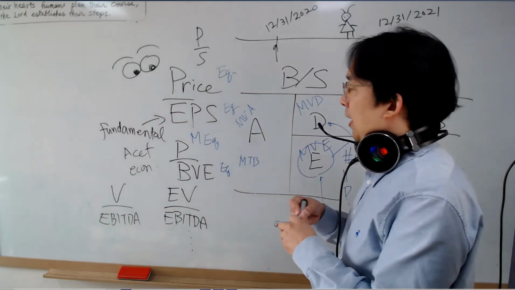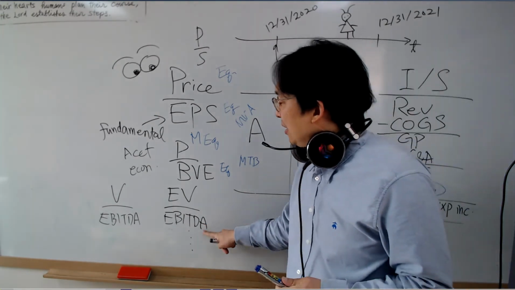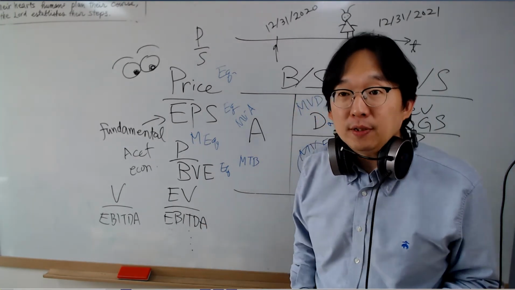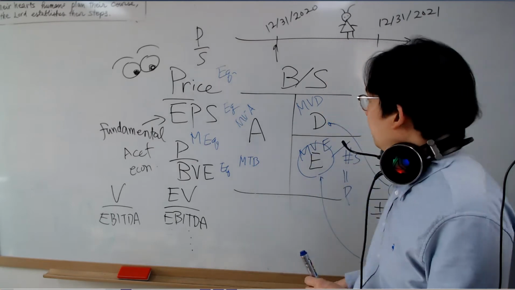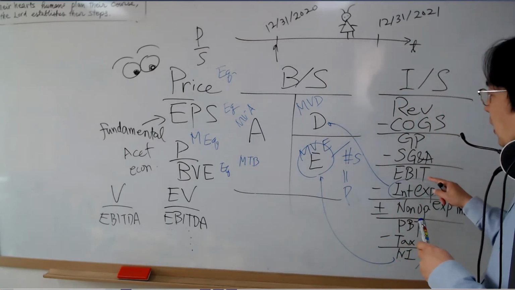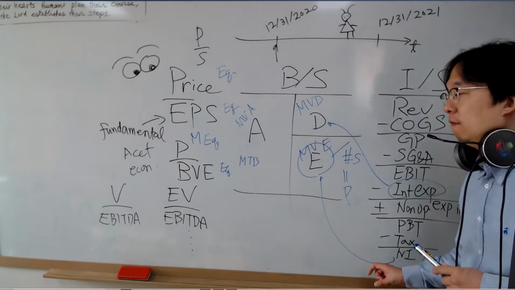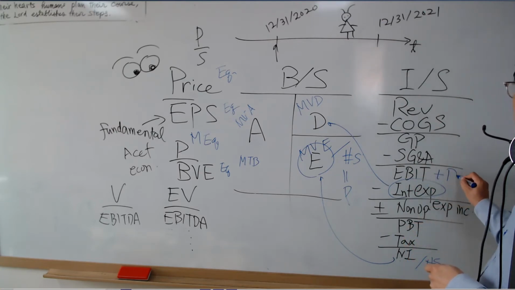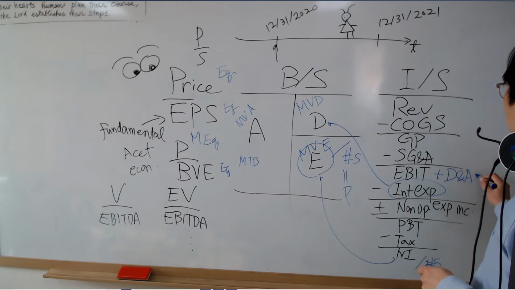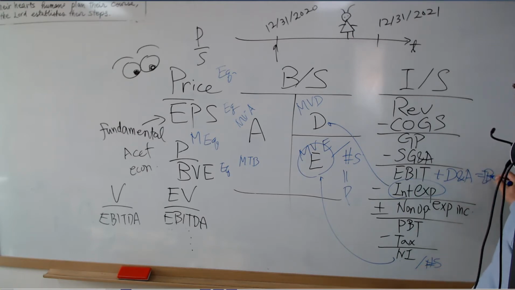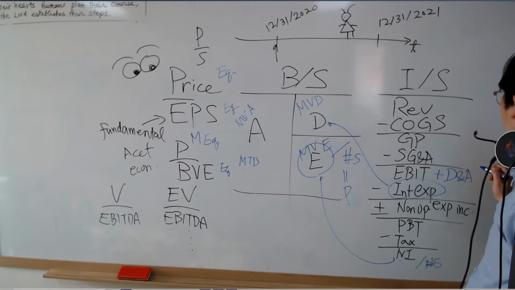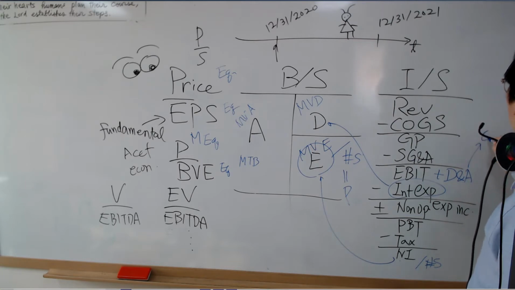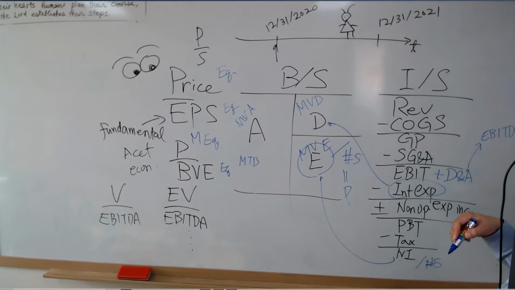Again, the denominator is a fundamental number, coming from way over here. Well, EBITDA, what is that? Well, that's starting from EBIT plus depreciation and amortization. That's EBITDA. You see that? EBITDA.